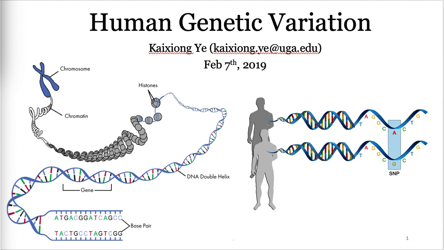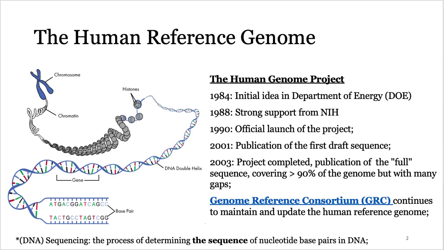Now the version we have is version 38. Each time they release a new version, they make a lot of fixes and add new information. So the human reference genome is still not considered 100% coverage.